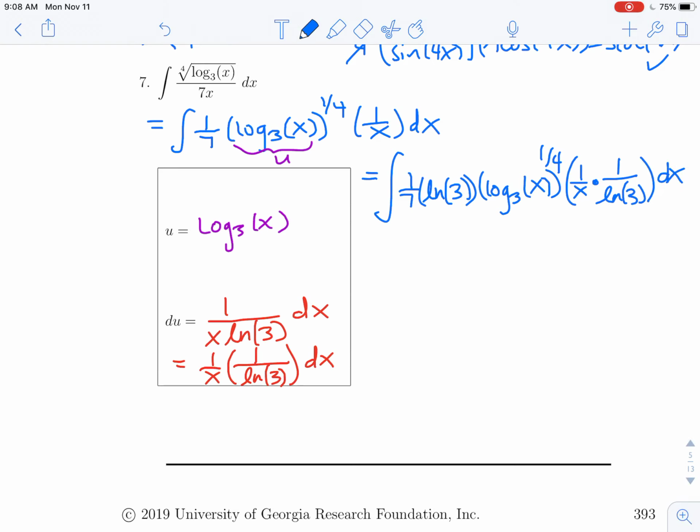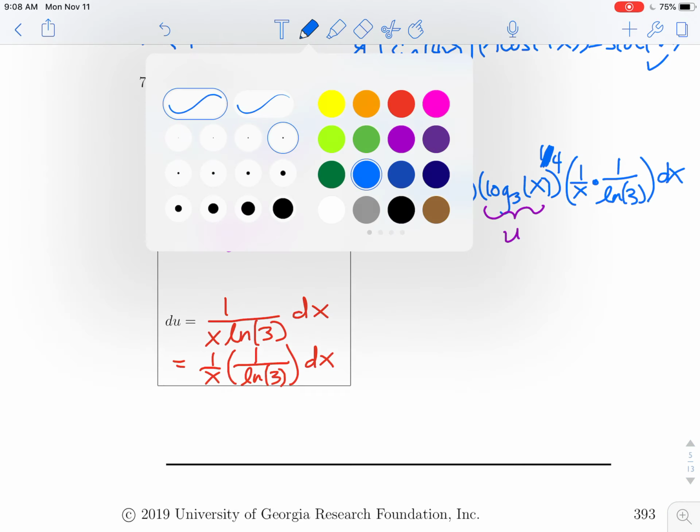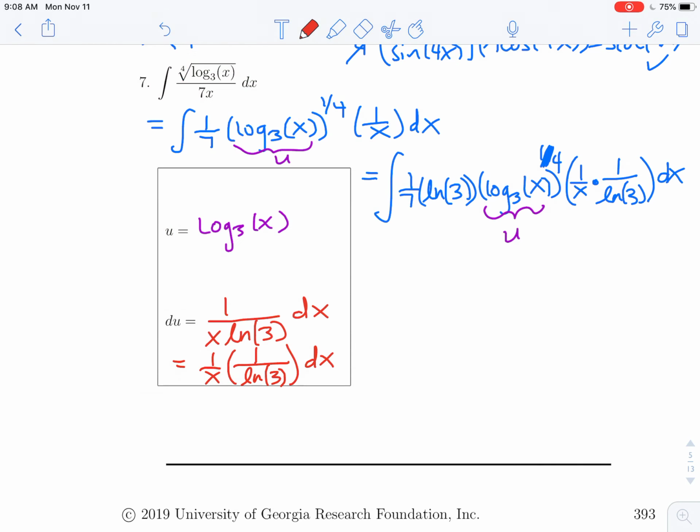So now let's look at what we have. We already had the u. We said it was log base 3 of x, or at least we thought so. And then we've got 1 over x times 1 over ln of 3 dx, and so we really do have the du here now. So we're ready to do the substitution.